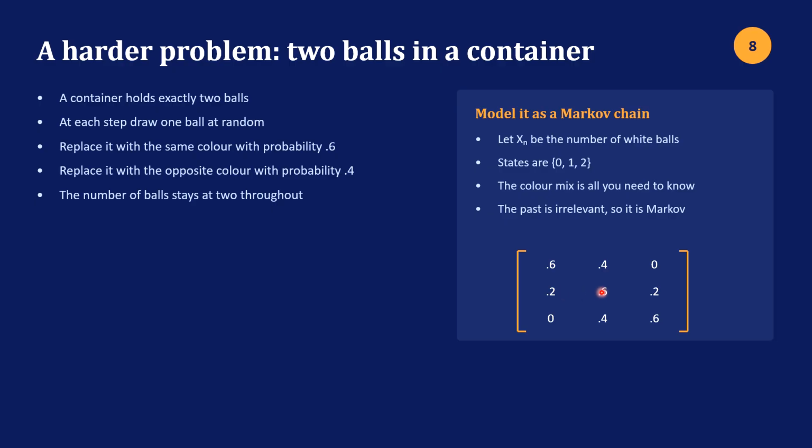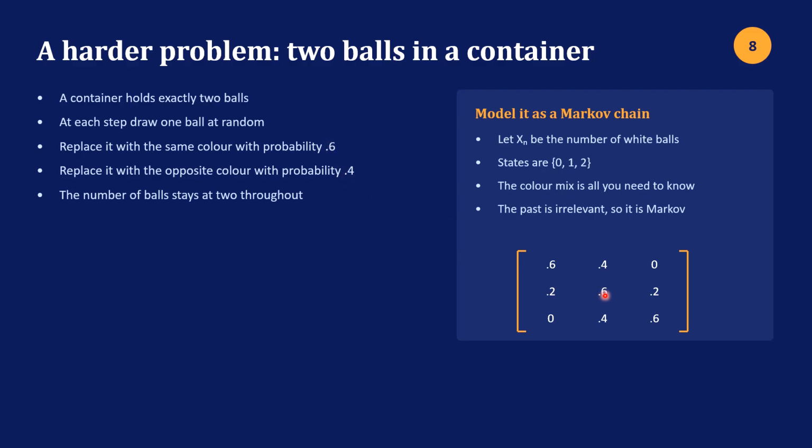The middle case is a little bit harder. You have 1 white ball, and you want to remain with 1 white ball. So either you pick the white ball, and you keep that with probability 0.6, so that gives you 0.3, or you pick the black ball, and you keep that with probability 0.6.